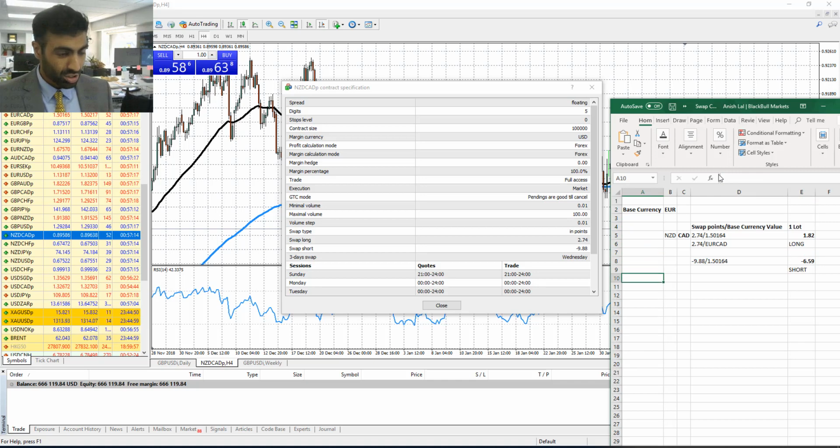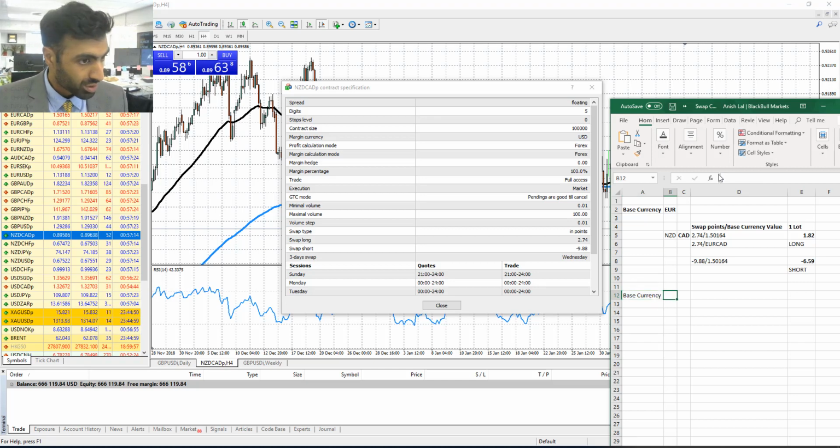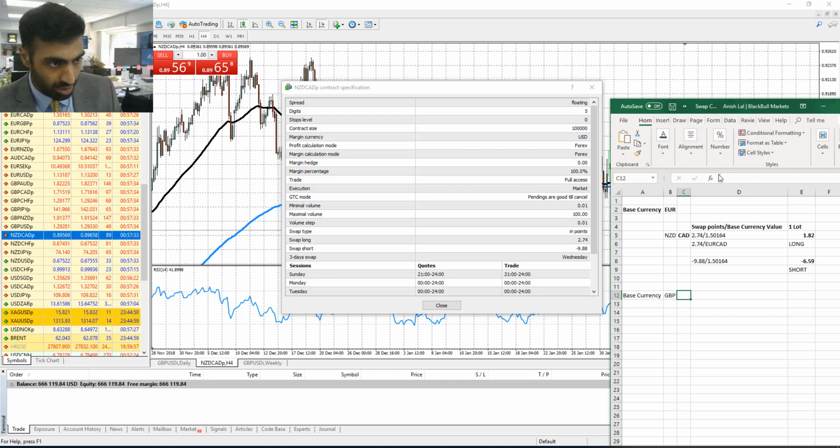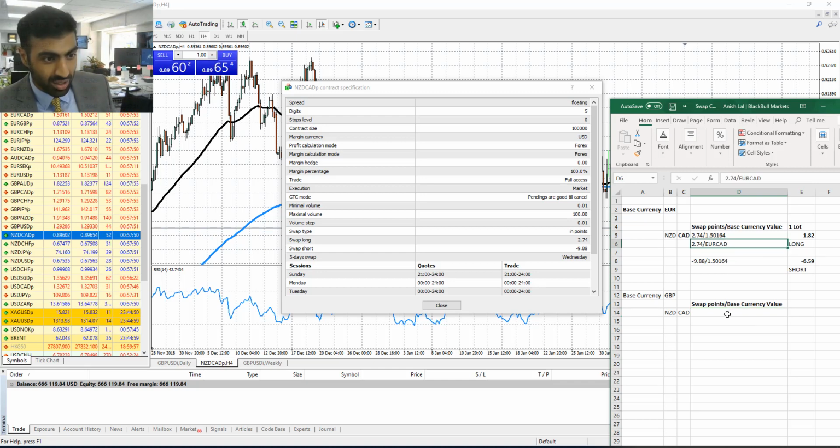Now, let's do a very quick example where our account currency is in pounds, GBP. The same formula will apply, and we're still trading Kiwi CAD. Instead of taking your base currency value of euro CAD, you are now taking your base currency value of pound CAD, so GBP Canadian dollars.